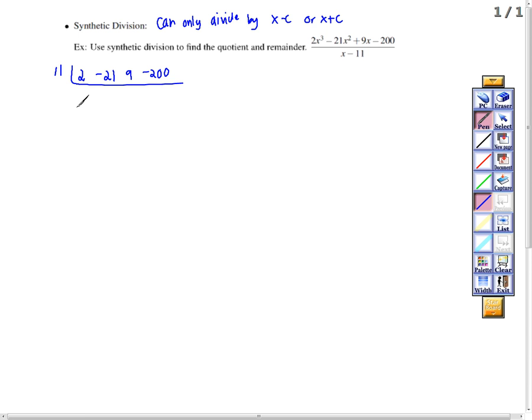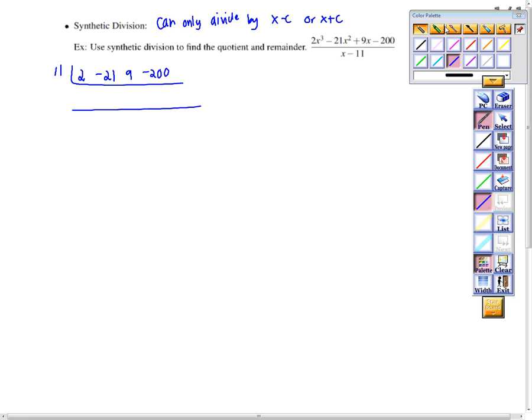Draw a line like this, and the first step in synthetic division is to bring down this first term. Okay, if you bring that down, you have a 2 right here.